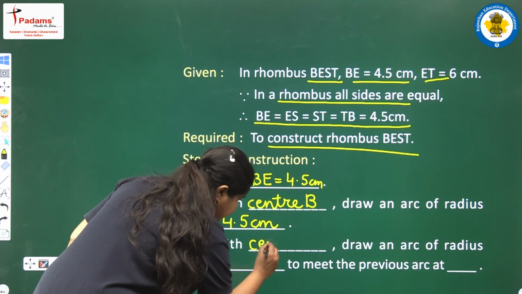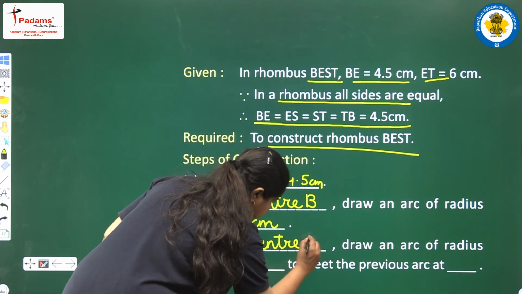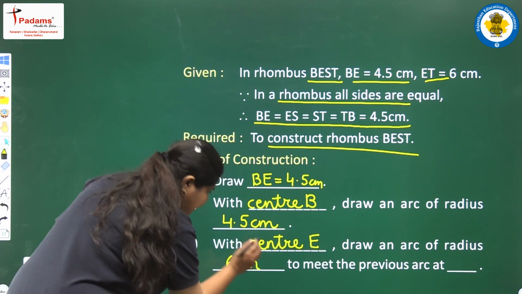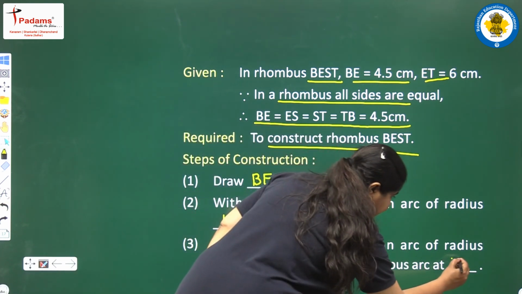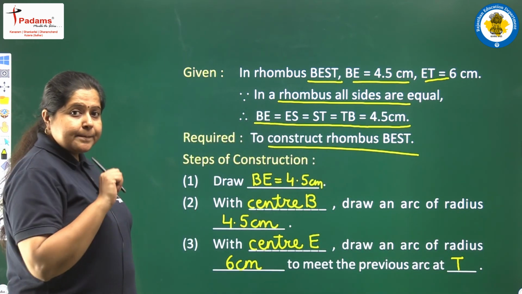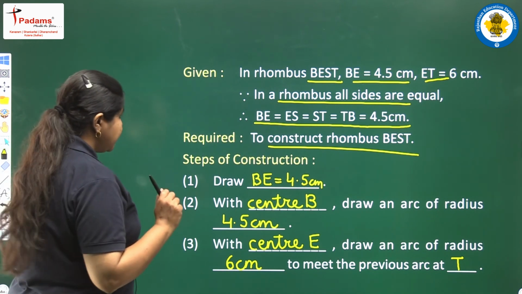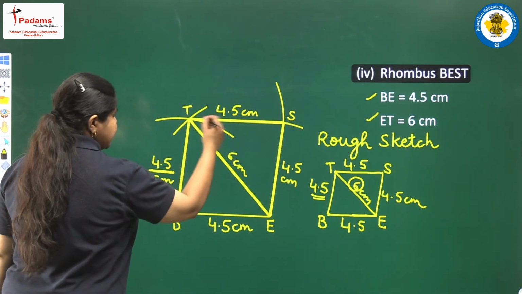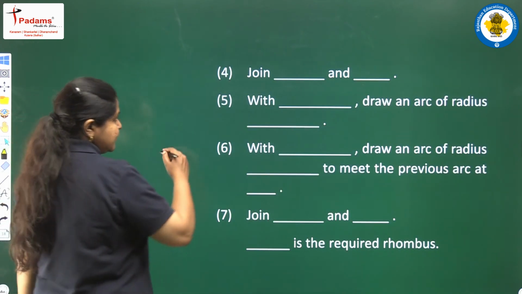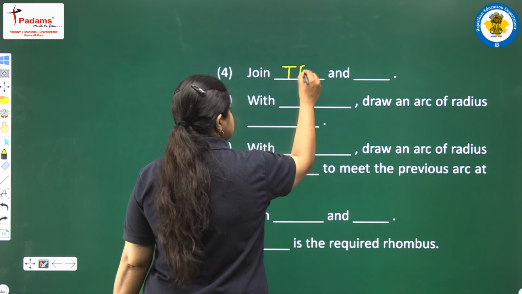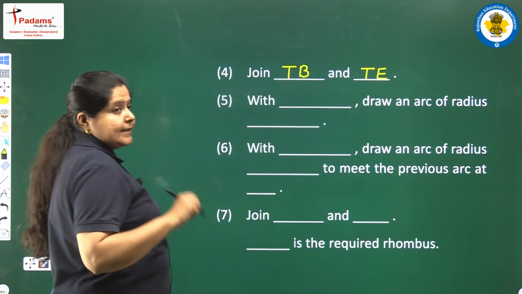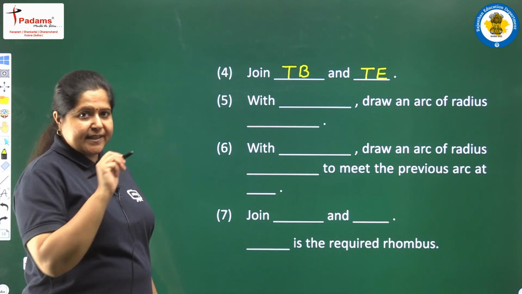With center E, draw an arc of radius 6 centimeters to meet the previous arc at point T. With this we constructed triangle BET, but first we joined TE and TB. So, we need to write it here, join TB and TE. With this the triangle was complete, triangle BET.